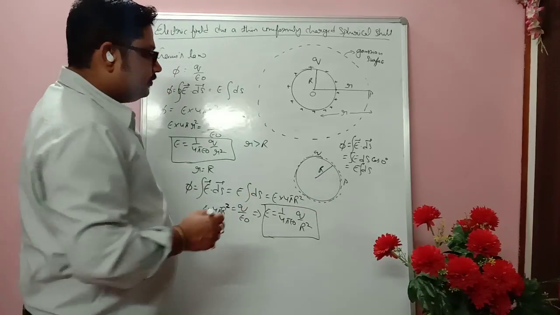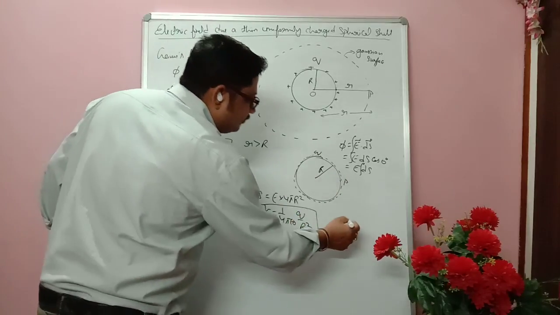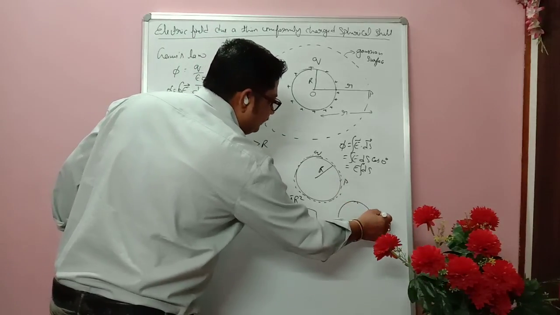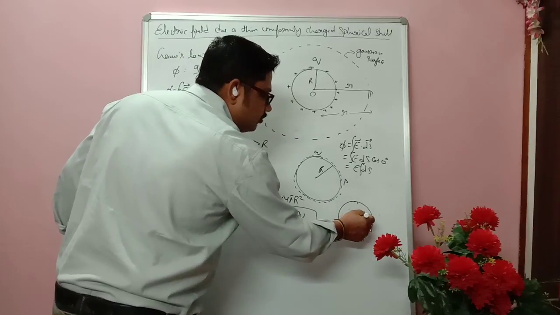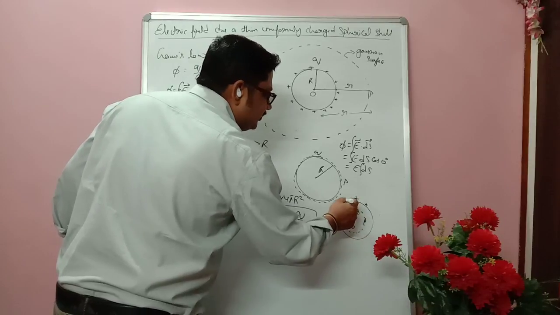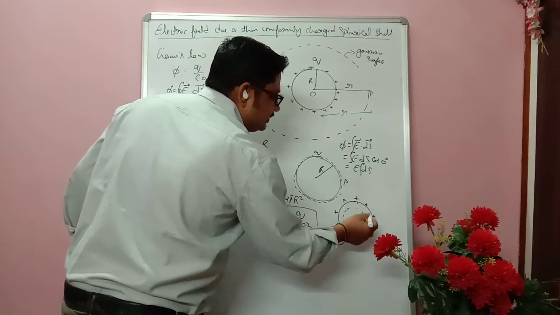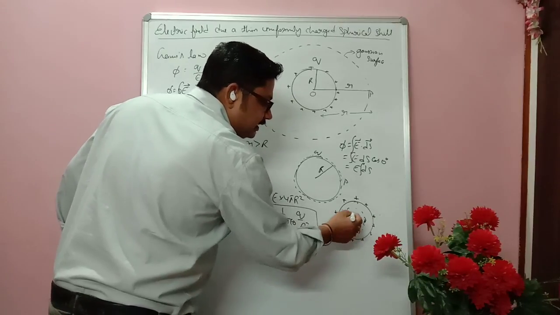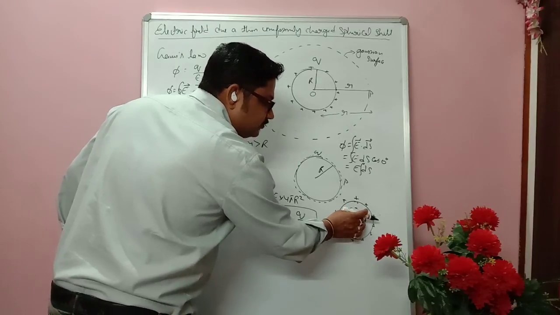Now again, if the point P lies inside the shell. Suppose this is the point P, this is the center O. Again we draw a Gaussian surface here. Now the charge is lying uniformly on the surface of the sphere. In this Gaussian surface which I have drawn inside the shell, the value of charge is 0.